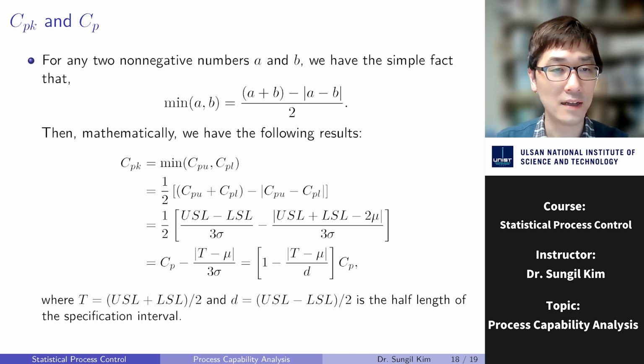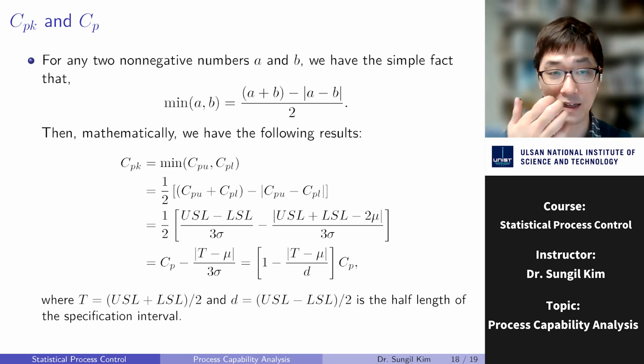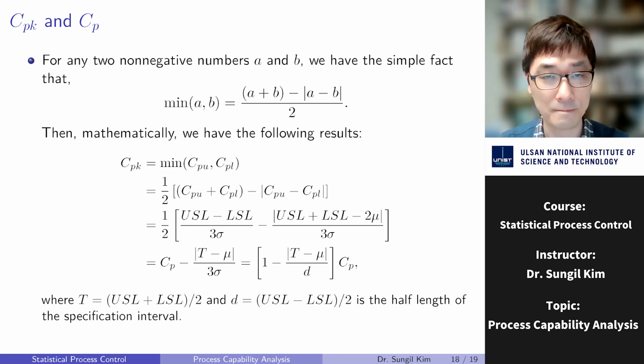As a result, CPK equals 1 minus the absolute value of T minus mu divided by D, times CP, where T is half of the sum of the USL and LSL, and D is half of the difference between the specification limits.